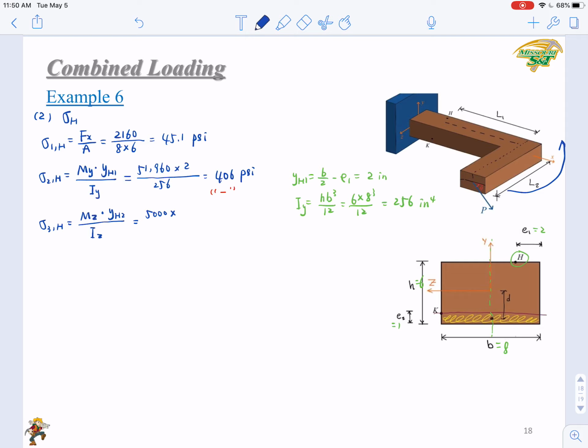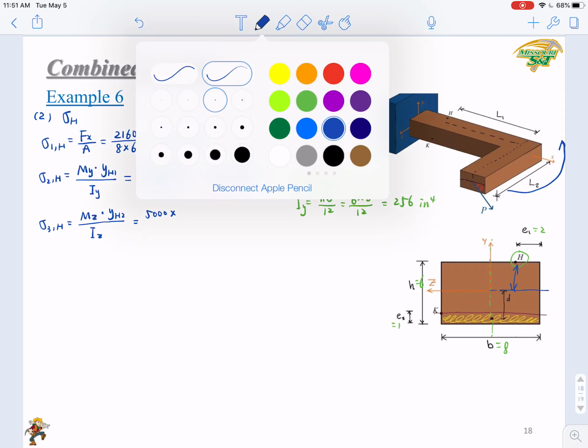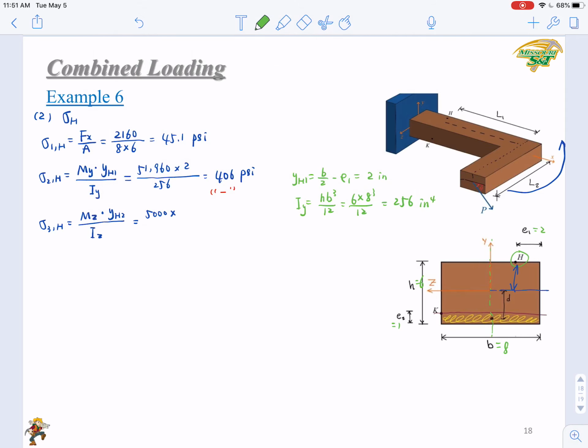YH2, this distance from H to the neutral axis, this distance. So that is just half H, so our YH2 will be half H, or 3.